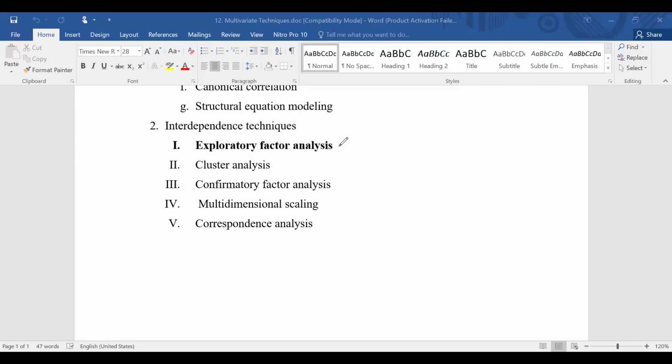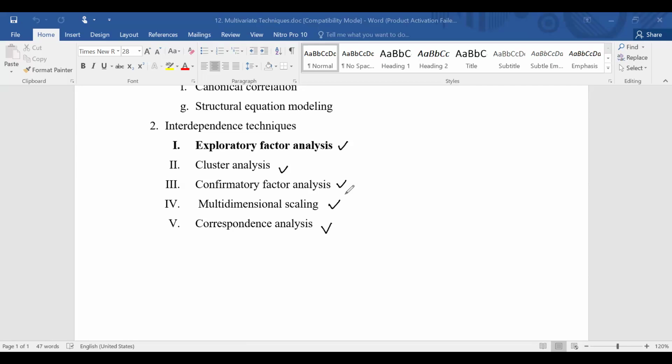Whether it is exploratory factor analysis, cluster analysis, confirmatory factor analysis, multi-dimensional scaling, or correspondence analysis, all are interdependence techniques. It means in these techniques we do not find out the relationship between dependent and independent variables, as well as we do not test hypothesis.